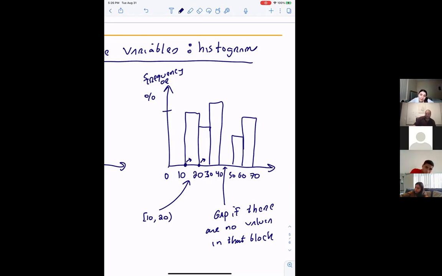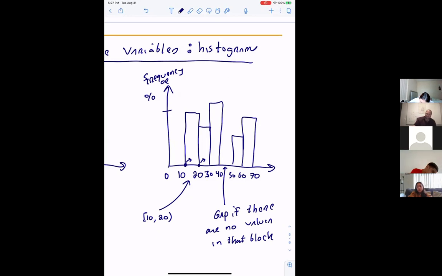Have you seen this notation in algebra, the difference between a bracket and a parentheses to indicate the boundary points? So we're starting at 10, but we're not quite getting to 20. We're not getting 19.999 or 19.9999999. We're going as close as we can get to 20, but not quite there.